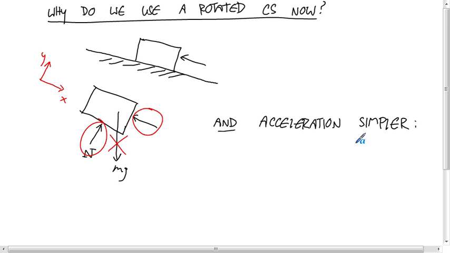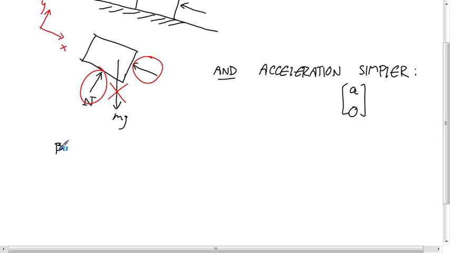It's always just going to be a, 0, and then we'll solve for that variable a. The bad news is that the weight force, which was always the easiest thing we ever had to deal with before, because it was always in the negative y direction, now we have to think about that one.